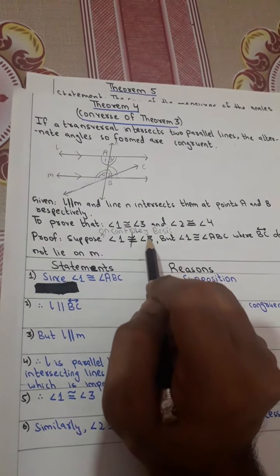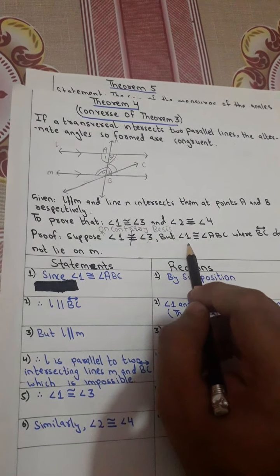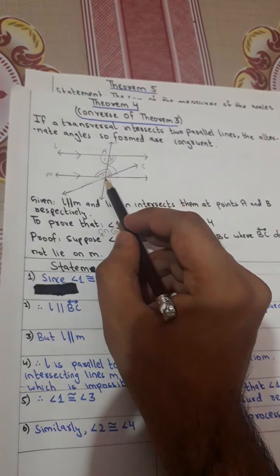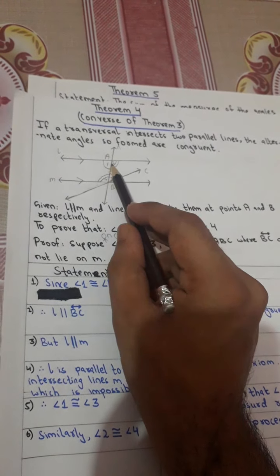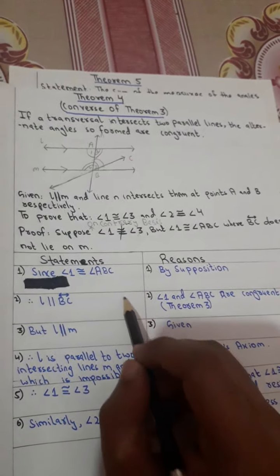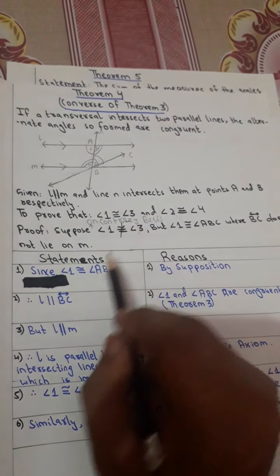Instead, we take angle 1 equal to angle ABC, which is less in measurement than angle 3.